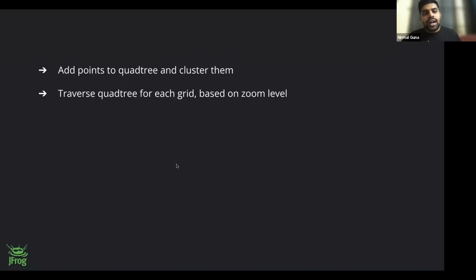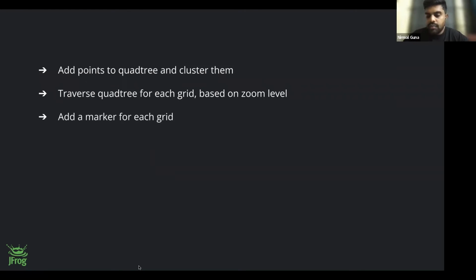Okay, so you have a set of points that you want to plot on an SVG plane, and you pass them through D3's Quadtree API. What it will give you back is a tree structure, basically an array, with one parent and 4 children nodes. Using that, you traverse through each grid.